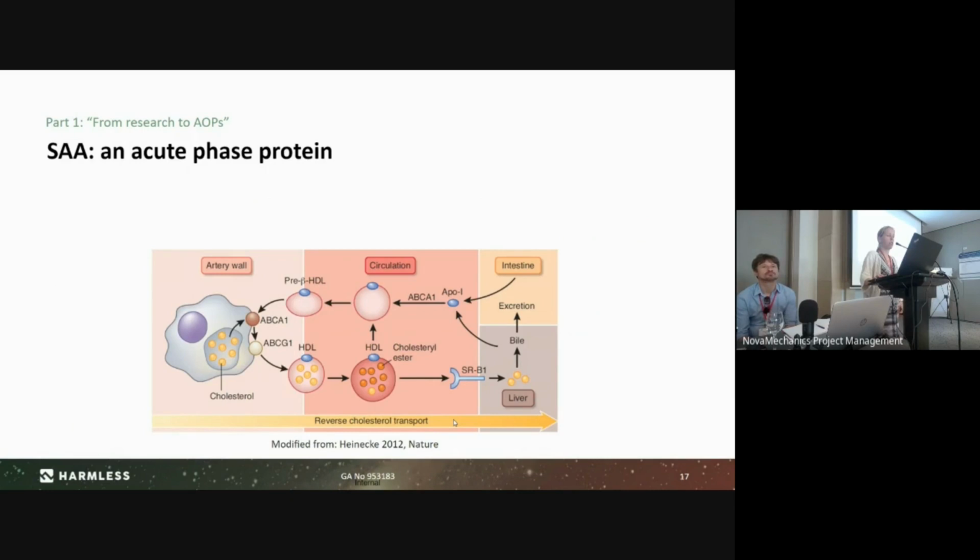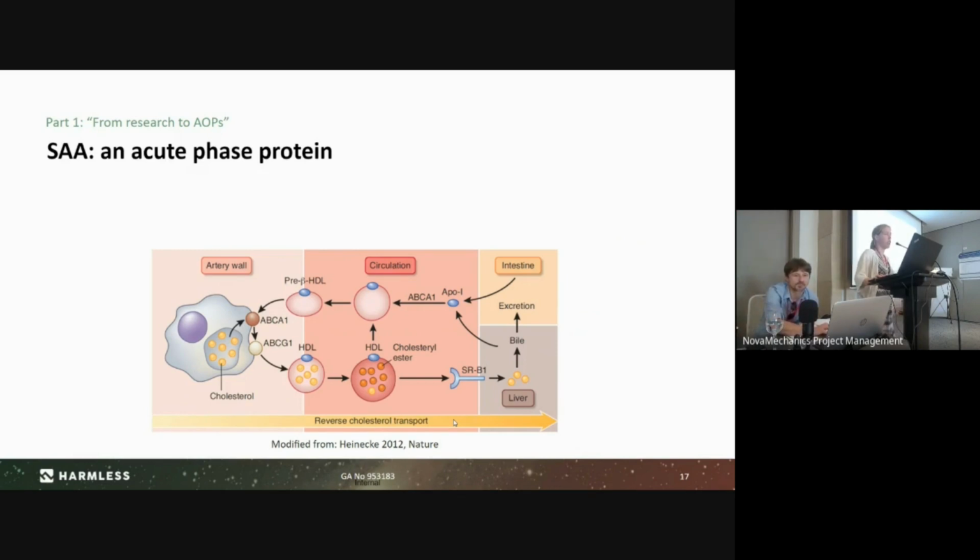SAA has its adverse effects because it interrupts what's called the reverse cholesterol transport system. So this is the transport of cholesterol from the arterial wall all the way to the liver, where it will be excreted in the bile.